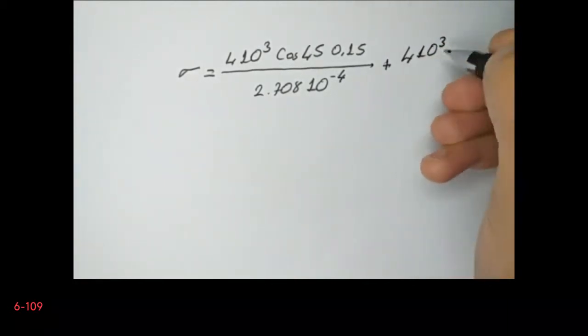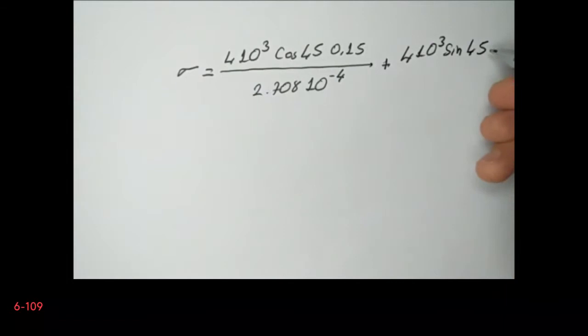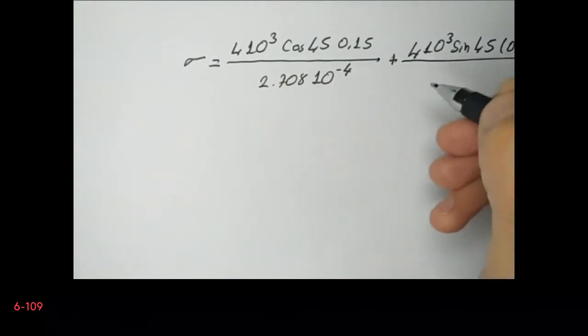B divided by 2 is 0.05. T1 is 0.25, divided by moment of inertia, that is 6.77 10 to the power minus 5. So this is our expression for the stress.